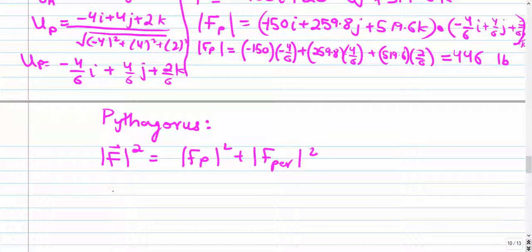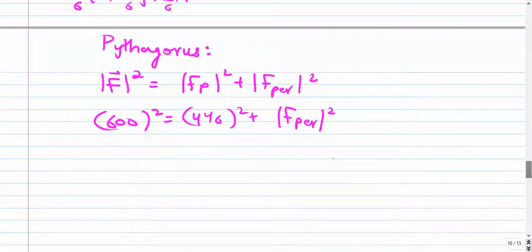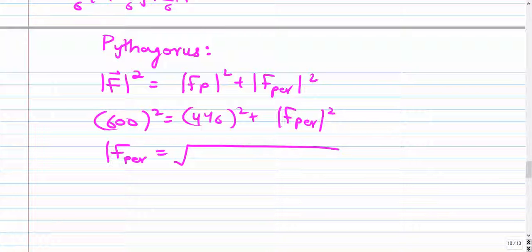Substituting in the values, and isolating F perpendicular, or the perpendicular component, we get the value 600 squared minus 446 squared.